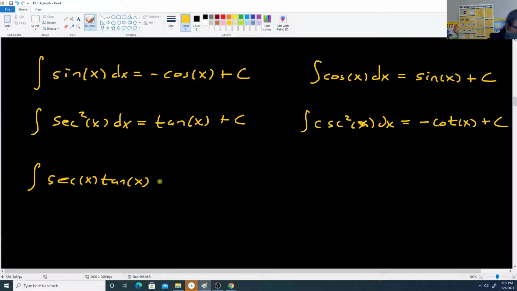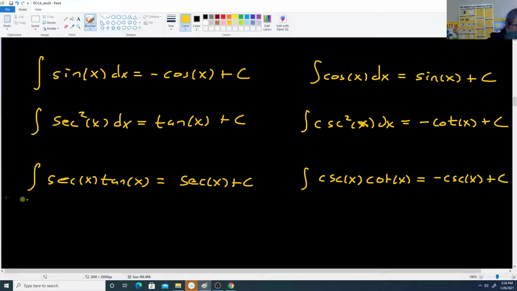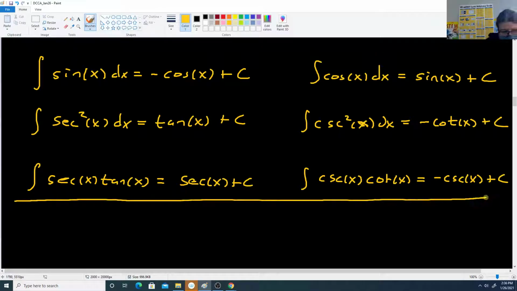The derivative of secant is secant tangent, so this will be secant of x plus c. And the integral of cosecant of x cotangent of x. Well, the derivative of positive cosecant was negative cosecant cotangent. So here if we have positive cosecant cotangent, that came from negative cosecant of x plus c.